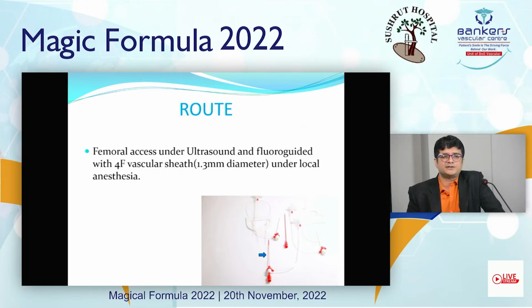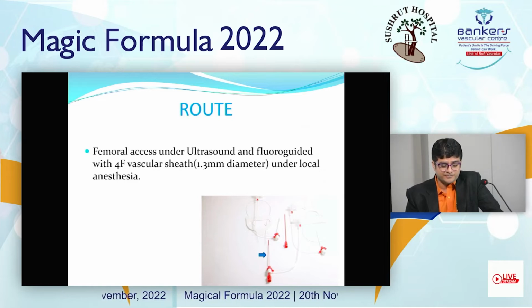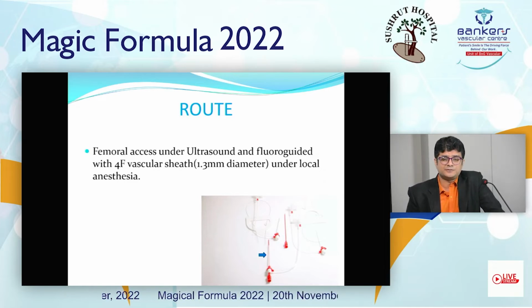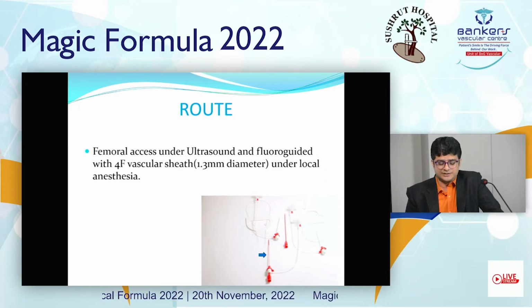A 4 French sheath is 1.3 millimeter in diameter. So this sheath insertion is done under local anesthesia. The entire procedure is done under local anesthesia, where the patient can see the entire procedure on the screen, and there is no need of suture or general anesthesia, because the incision is just 1.3 millimeter. So it's just a needle prick.